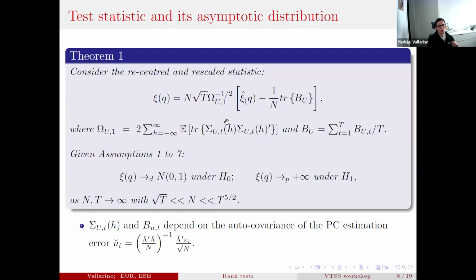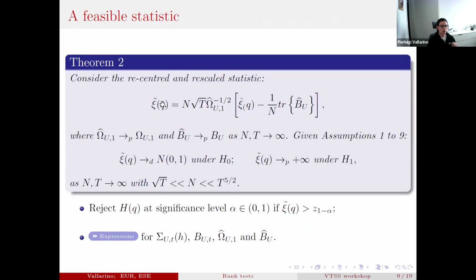Of course, these quantities are based on population values, and therefore this test statistic here is unfeasible in practice. What we do is we consider another test statistic, psi tilde, where we replace the scaling and the bias term with consistent estimators.